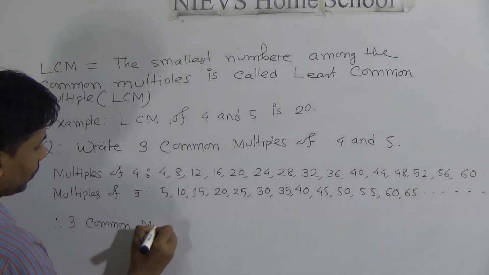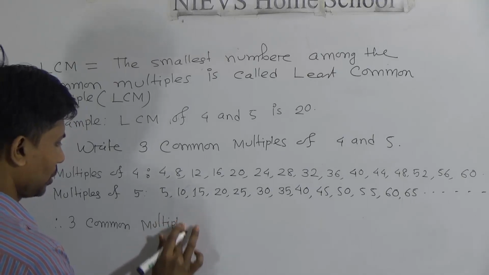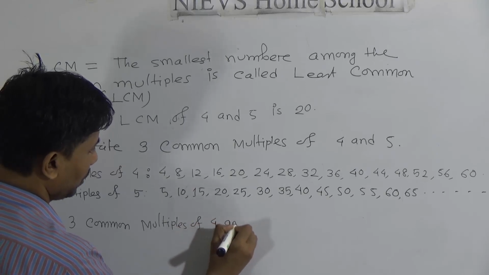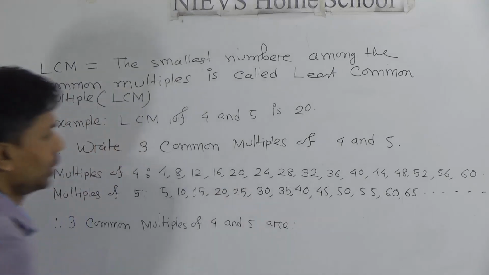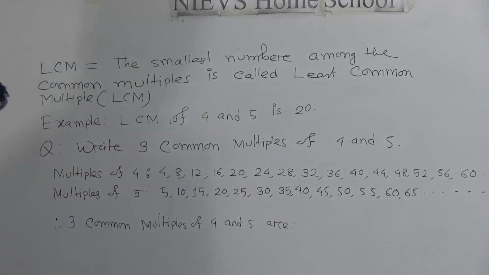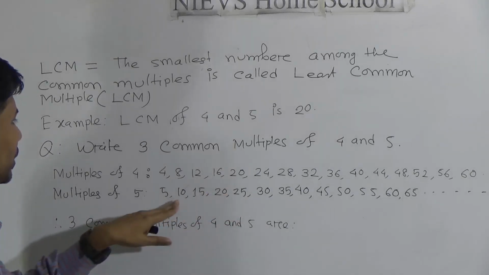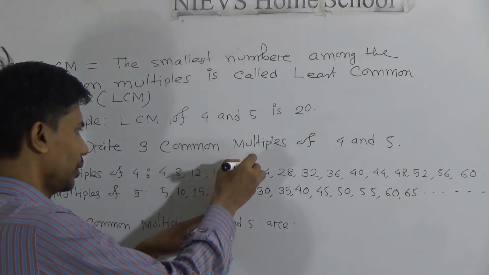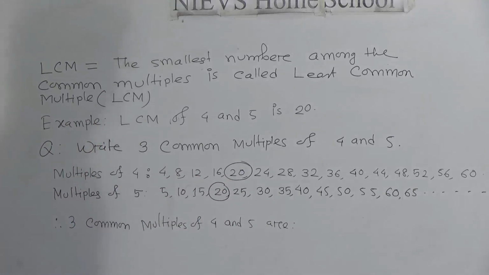Therefore, the 3 common multiples of 4 and 5 are: student, look, at first 20.